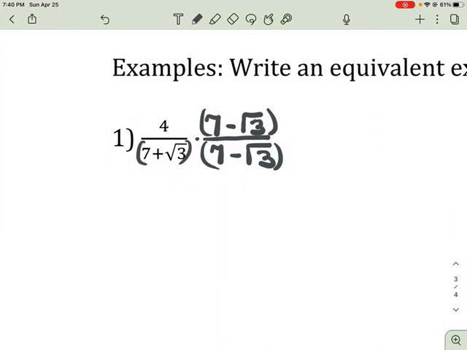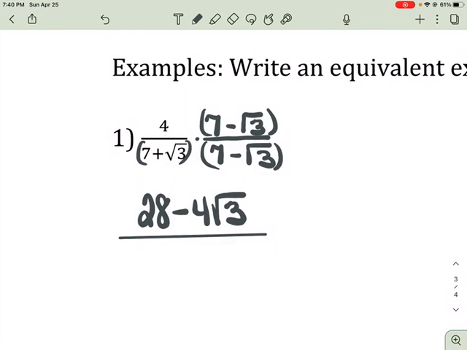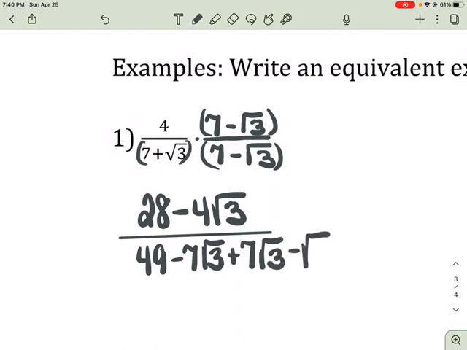So we're noticing the top, we're going to have to distribute. So 28 minus 4 square roots of 3. Again, 4 is not underneath the radical. We cannot multiply it by the 3. In the denominator, 7 times 7, 49. 7 minus square root of 3 plus 7 square root of 3 minus the square root of 9.